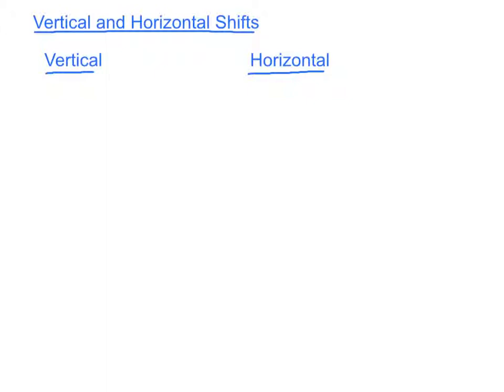So here's a closer look at the two types of transformations we're going to be dealing with. We have a vertical and horizontal shift. And again, the forms they come in are f of x plus k and f of x minus k.